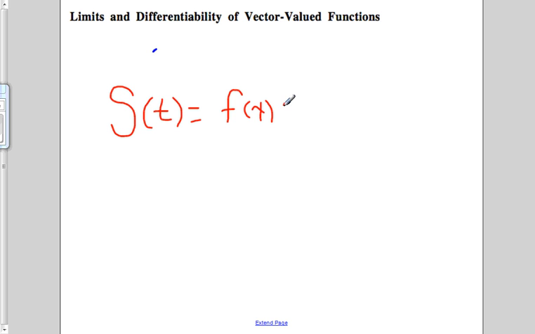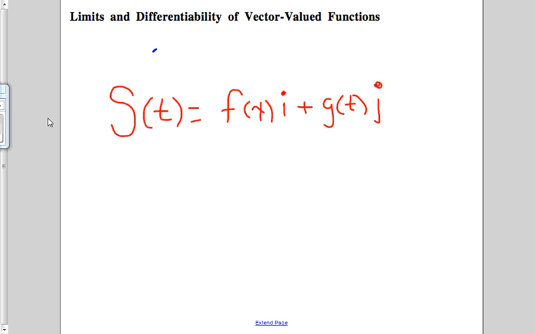We notate that with i, because i is in the x direction, plus some function g of t in the j direction. So the i and the j are unit vectors in the x and y direction. And now what we want to talk about is the limits and differentiability.